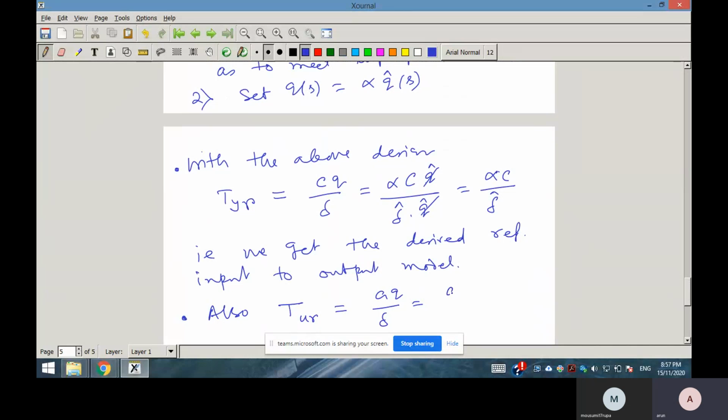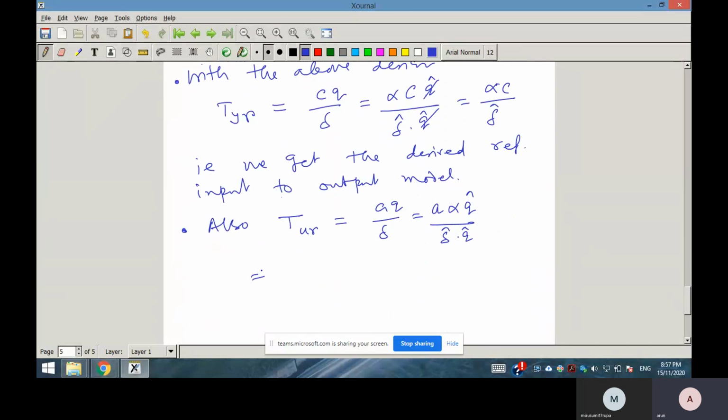If you put in Q, which is alpha into Q hat, and delta, which is delta hat into Q hat, then TUR is alpha into A divided by delta hat.